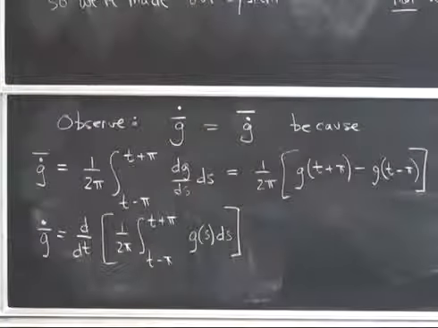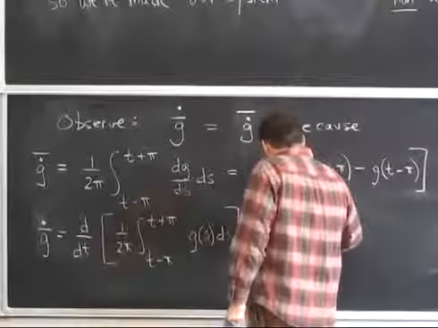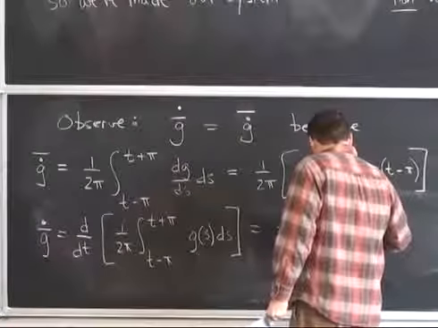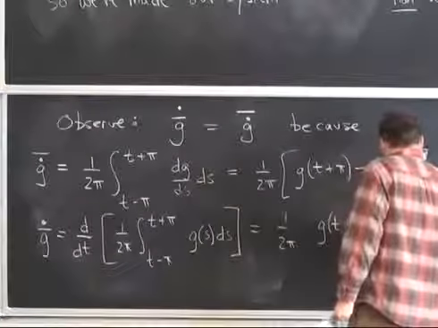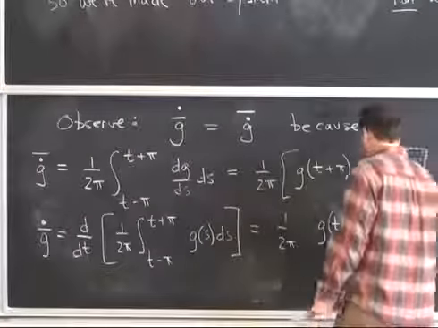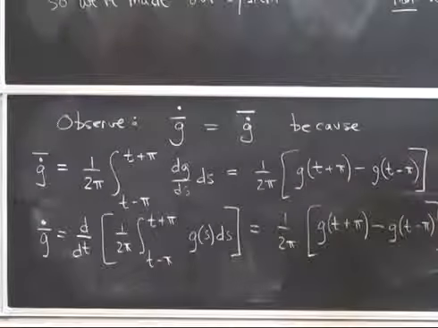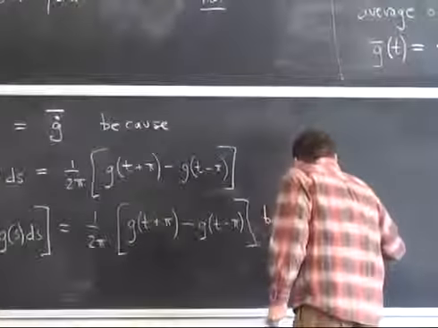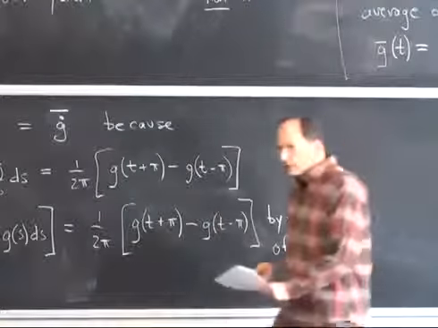That's something you're supposed to have learned. That's one version of the fundamental theorem of calculus. So that will end up giving you 1 over 2 pi, and then you plug in g at the upper limit minus g at the lower limit. So it's the same thing as we wrote above, by the fundamental theorem of calculus.